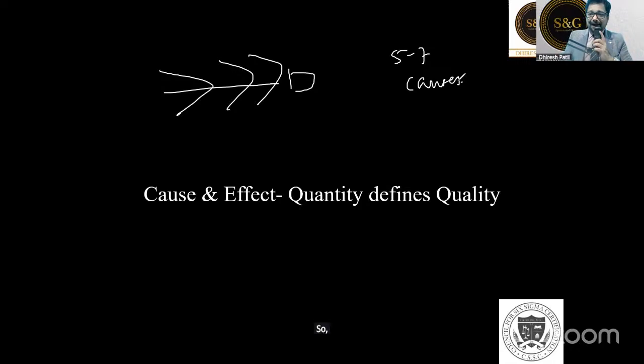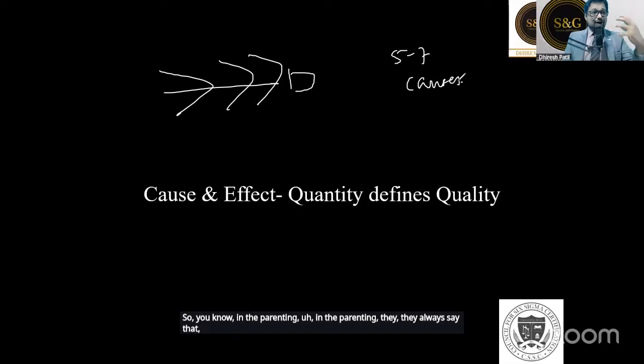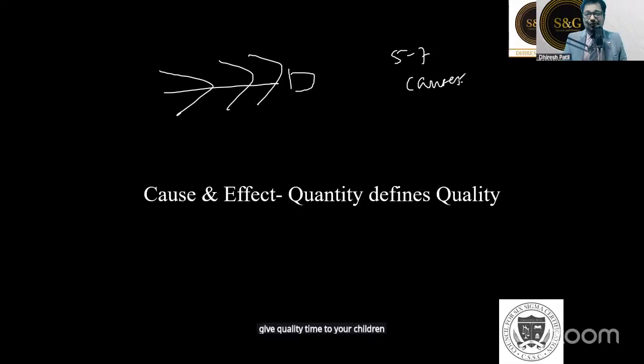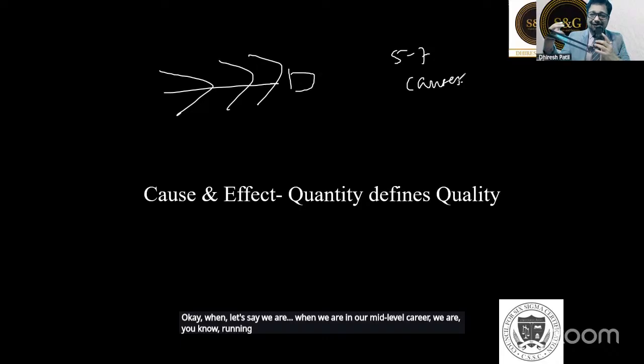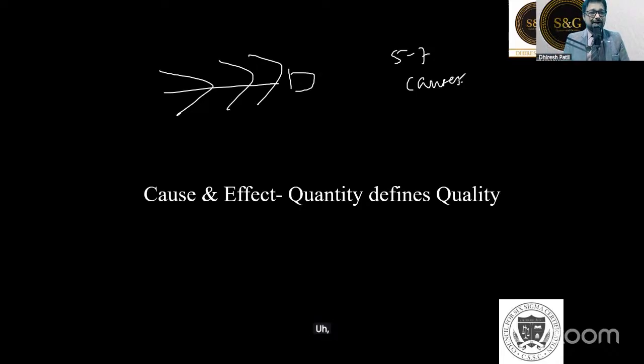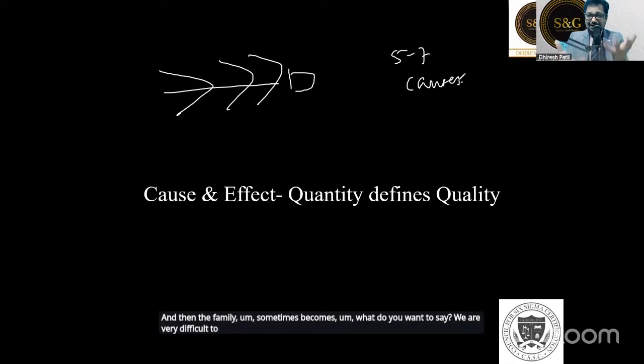So, in parenting, they always say give quality time to your children. That's what they always say, right? So I say exactly the opposite. Don't give quality time, give quantity time. Let's say when we are in our mid-level career, we are running behind our professional responsibilities, and then it becomes very difficult to maintain that balance with the family, right?